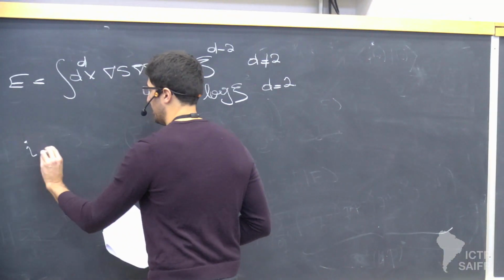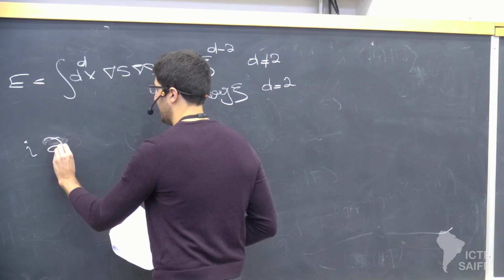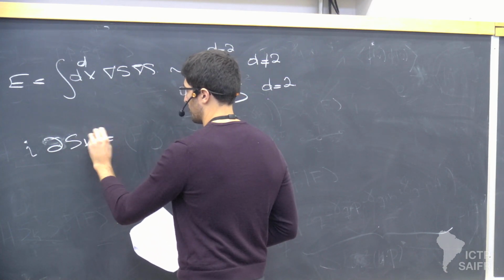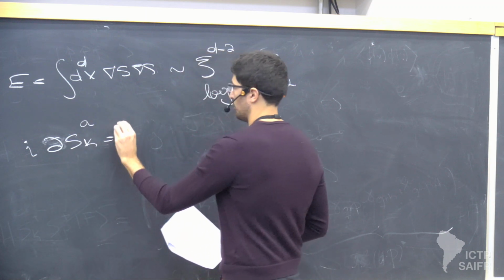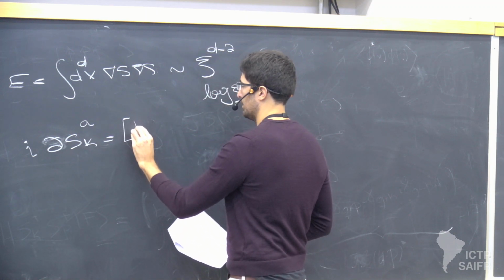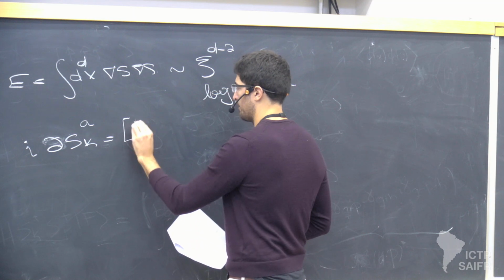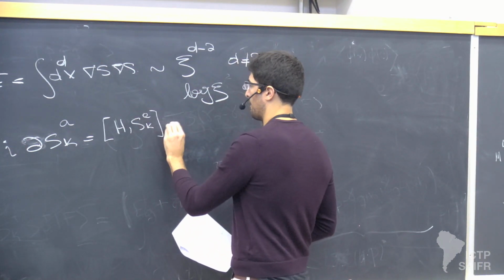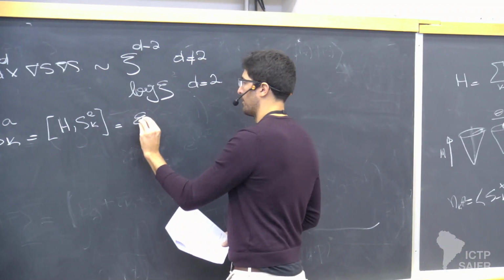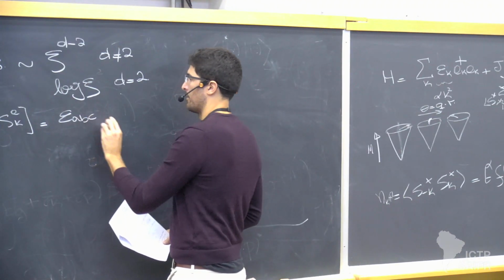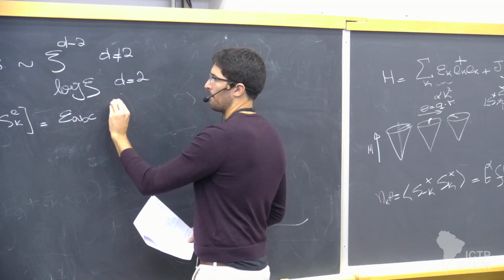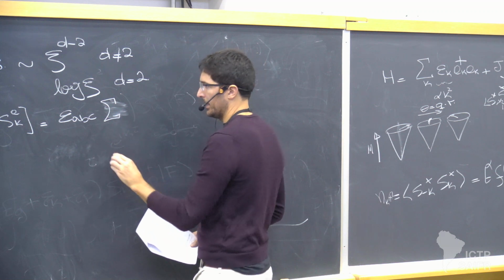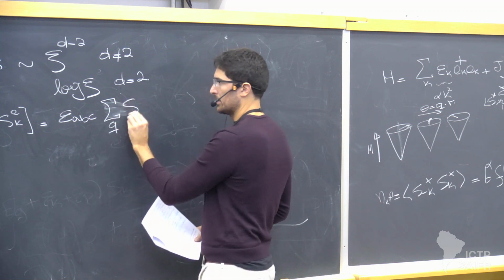So if I write the equations of motion for spin degrees of freedom, this is obtained by taking the commutator with the Hamiltonian. Again, here I'm expressing this in momentum space.